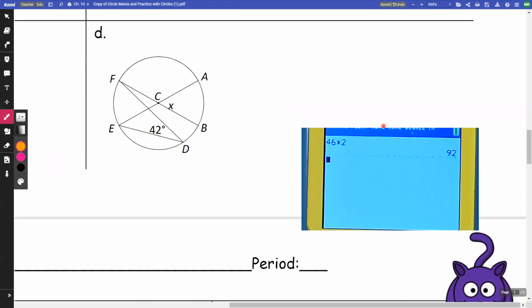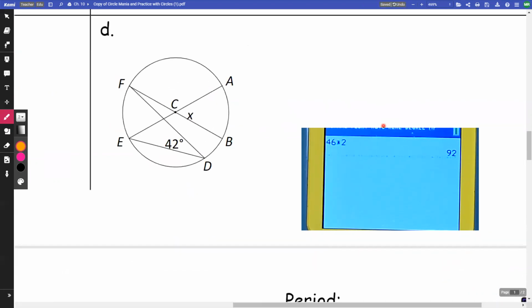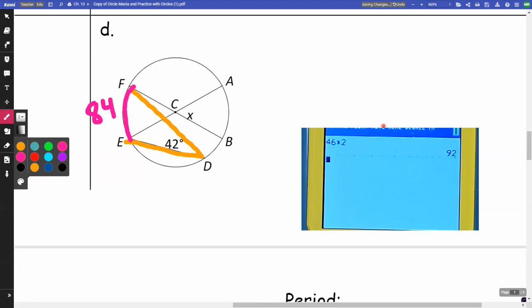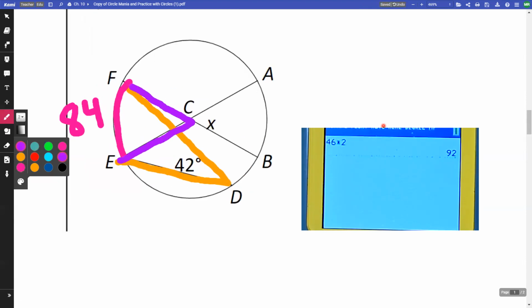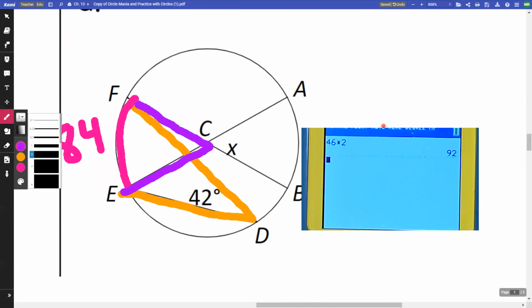On D, I'm trying to find that X. What I'm going to look at is this right here is 42 degrees, which means this arc here is going to be double that, which is 84 degrees. Now, if that is 84 degrees and it is formed by this central angle, then this right here is going to be 84 degrees.